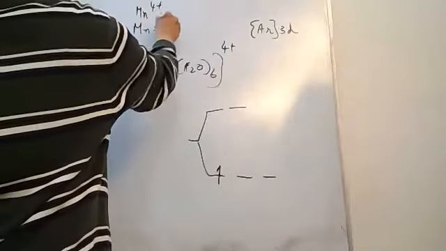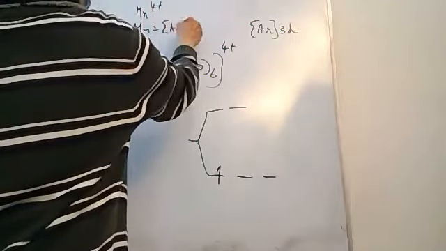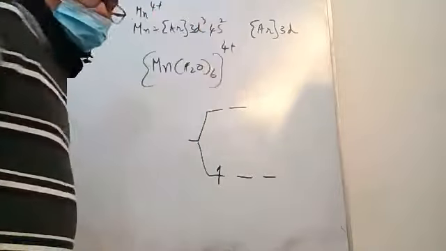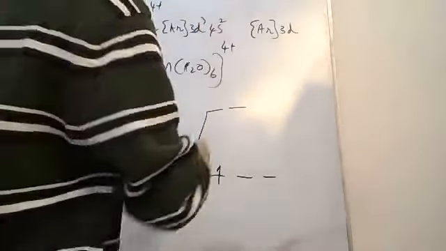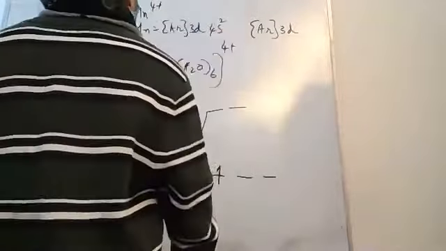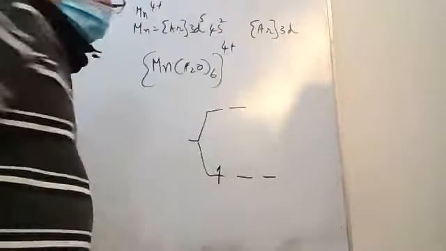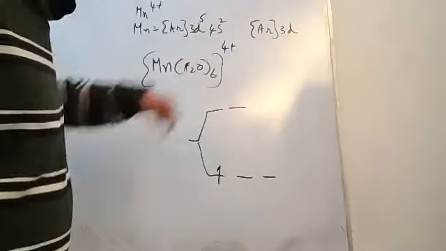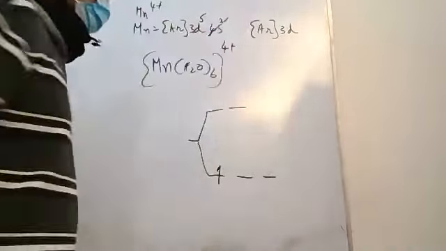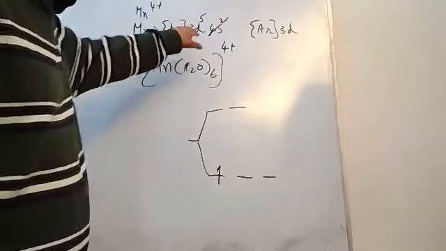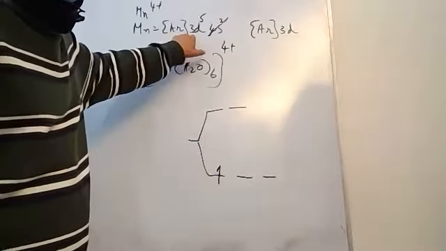The neutral manganese is argon 3d5 4s2. Okay, that's the neutral manganese. If I'm removing 4 electrons, 2 of these will be gone from the 4s, and the remaining 2 come from the 3d5. So what will be remaining now?